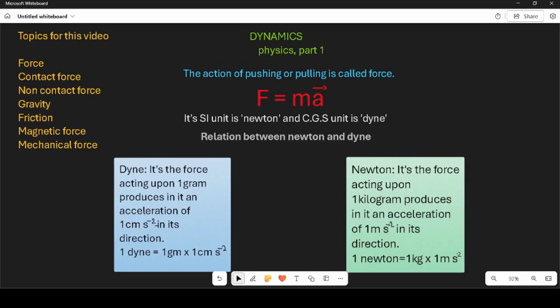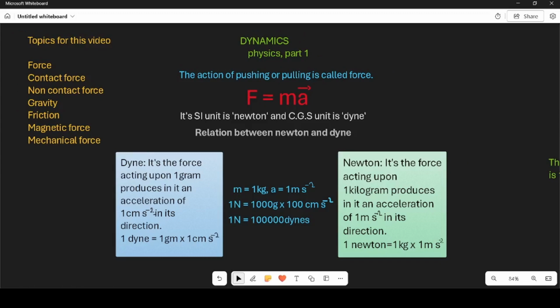Now let us discuss the relation between Newton and dyne. Let's take 1 kg of mass and 1 meter per second square acceleration. We know the formula for force, which is mass into acceleration. So 1 Newton would be 1000 grams into 100 centimeters per second square if we convert from kg to grams and meters per second square to centimeters per second square respectively.